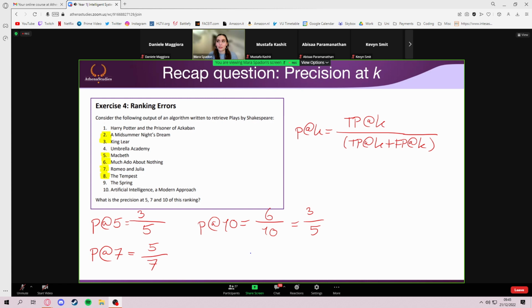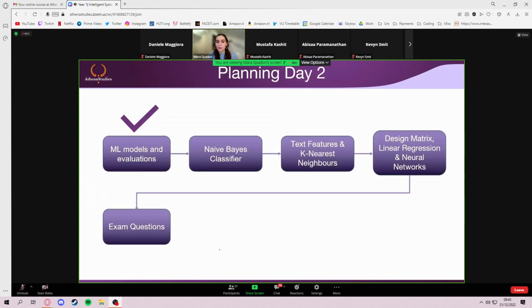Okay, so if there are no more questions about this one, well, we're right on time. So we finished ML models and evaluation, and then we have a 15-minute break now, and then at 10, we will continue with the naive Bayes classifier.